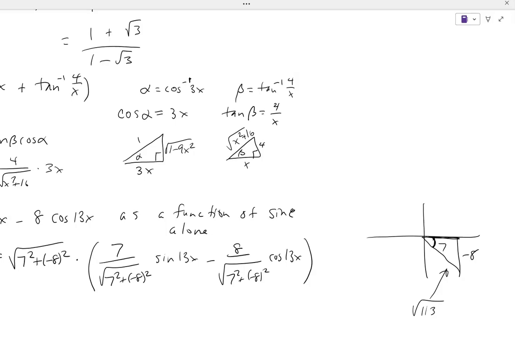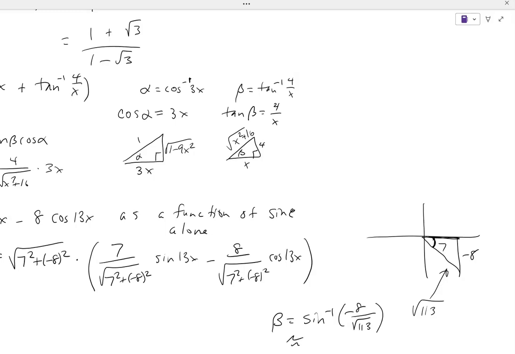Which one will give me that? Inverse cosine is always between 0 and pi, that's quadrants 1 or 2. It's inverse sine that's either 1 or 4. So the angle you want is inverse sine of -8 over root 113.